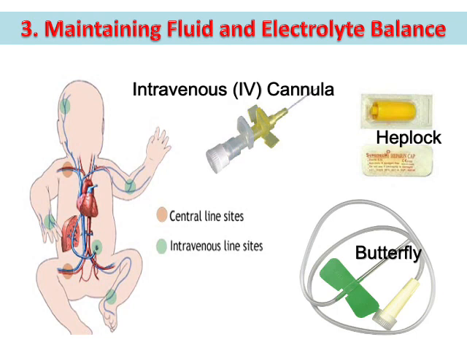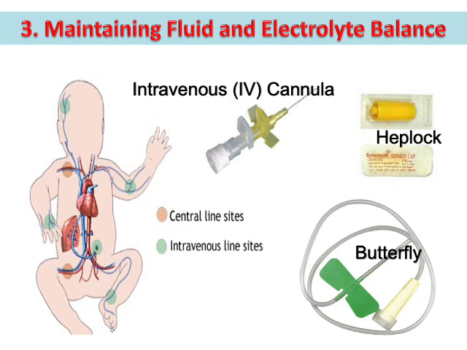The IV cannula, the hep lock, and a butterfly are what you will be needing or preparing prior to inserting an IV access. It's very important that to maintain fluid and electrolyte balance, you have to weigh the neonate daily.